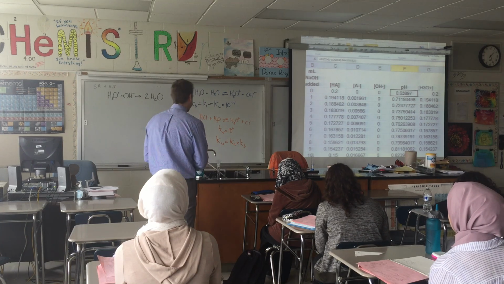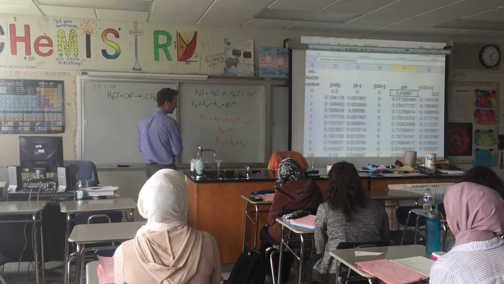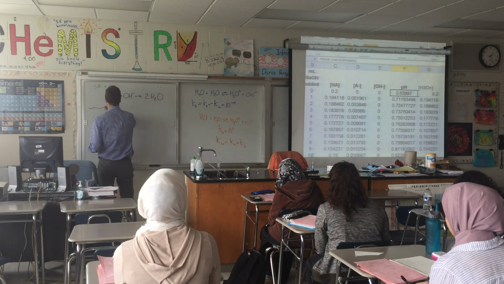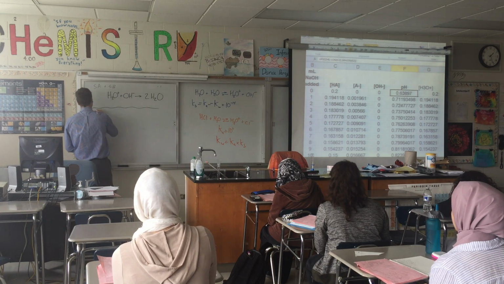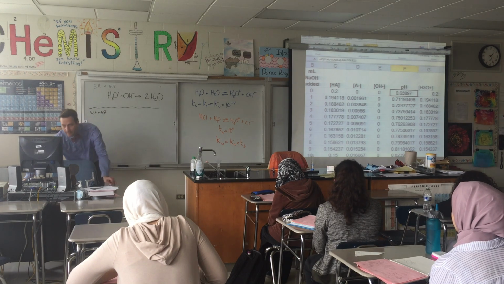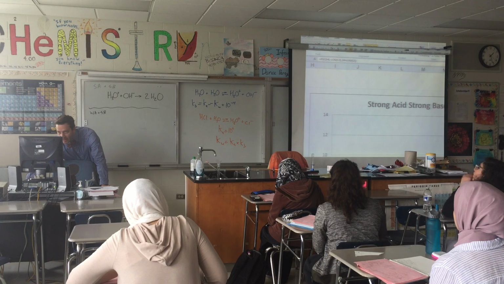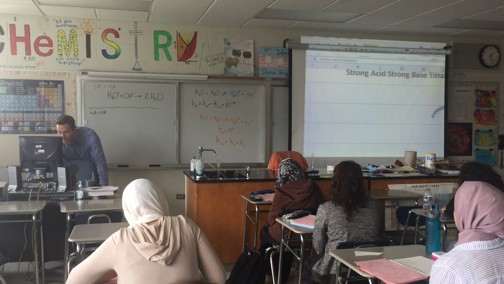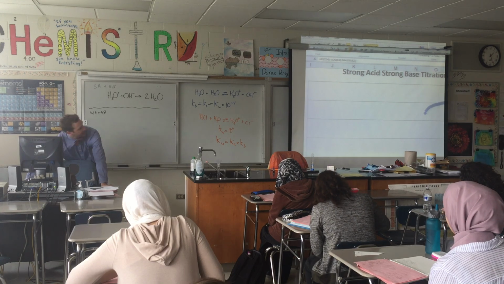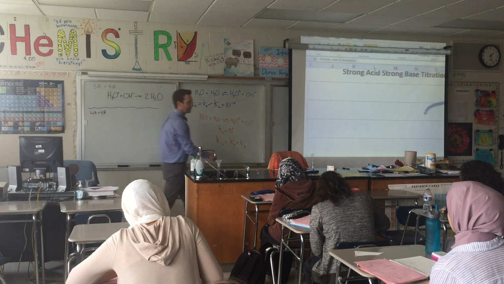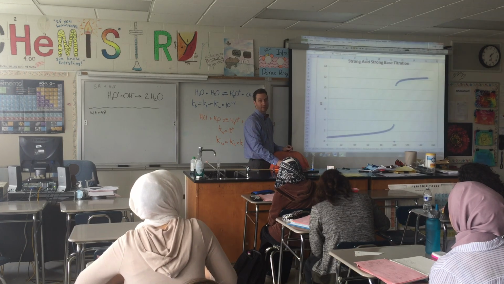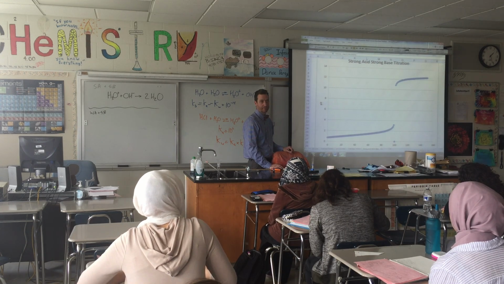In a weak acid strong base titration, we've got a little bit harder job to do. Oh, by the way, just show you the graph. Pretty much what we came up with yesterday, right?